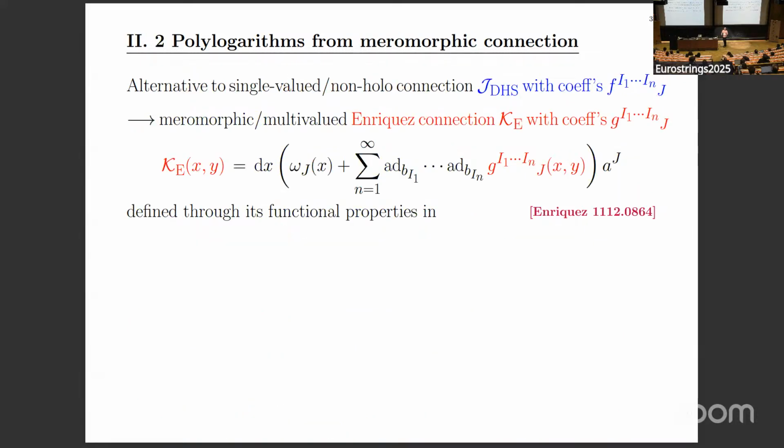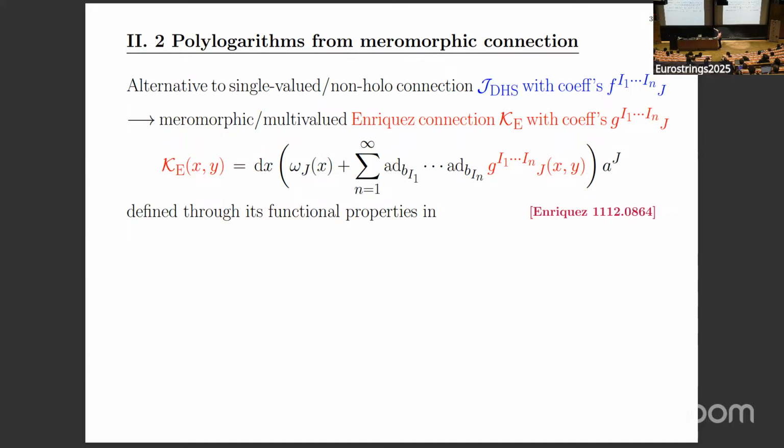So if you are a more meromorphic person and don't insist on using single-valued kernels, here is an alternative to span the same space of polylogs. And that alternative was already in the math literature from 14 years ago by our collaborator Benjamin Enriquez. He showed the existence of a flat connection with pleasant properties.